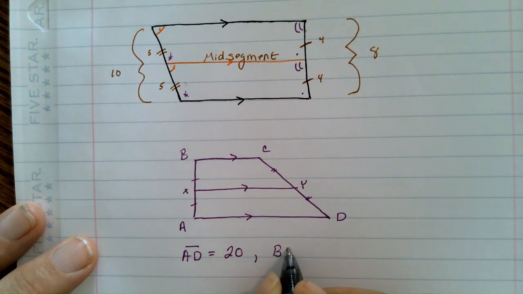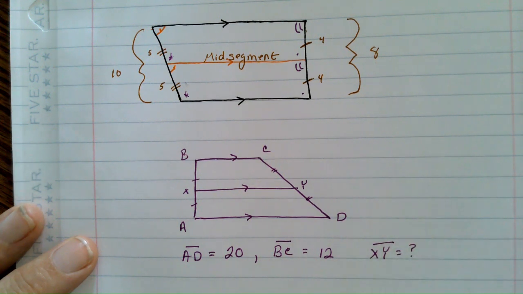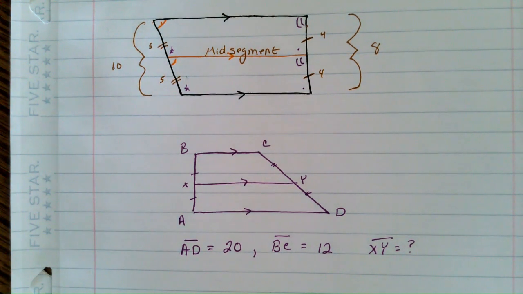The length of BC is 12. What is the length of XY? Well, it's obviously got to be more than 12 and less than 20, right?